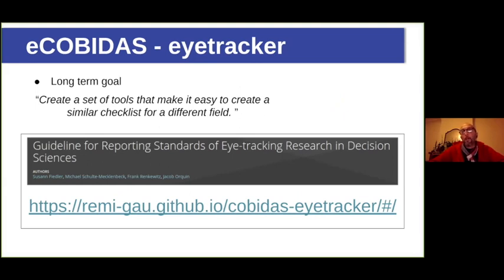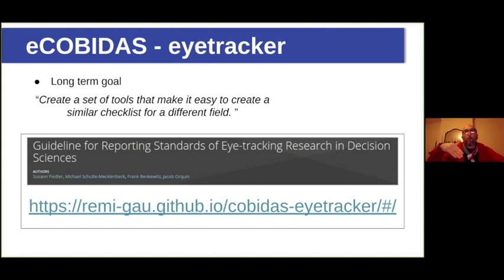You could apply it to another field of research where they need a checklist to report methods, and that would be just fine. The only thing you need is pretty much a spreadsheet, and then you run it through our pipeline, and you would end up with an app that would behave exactly the same way.